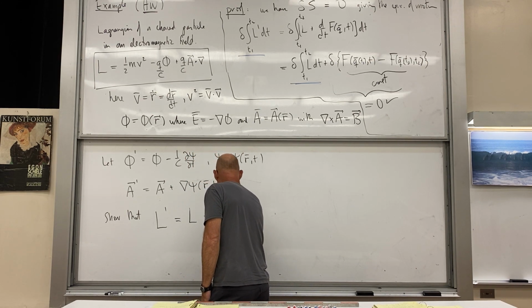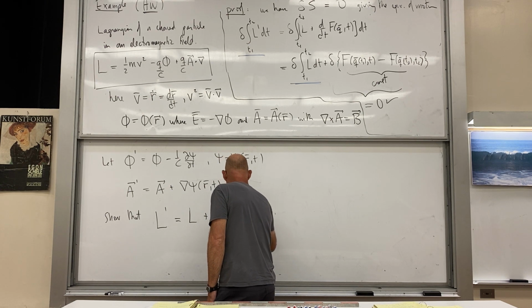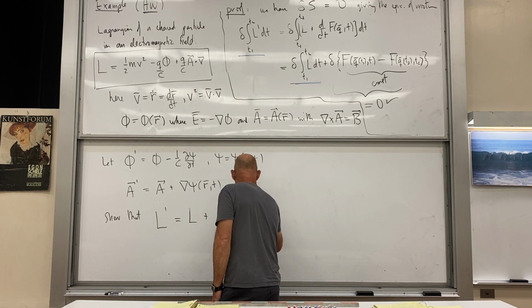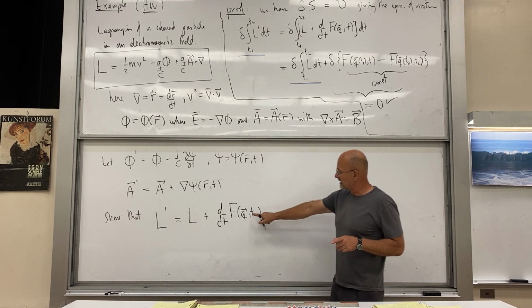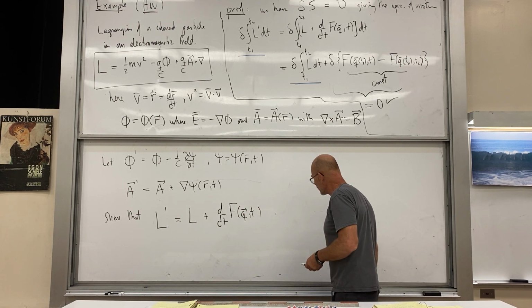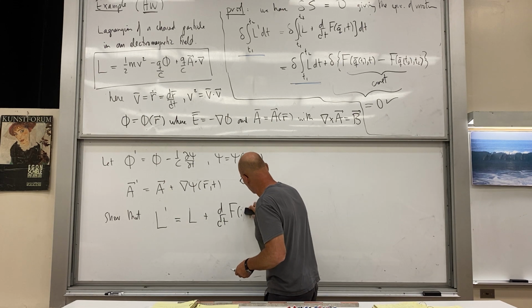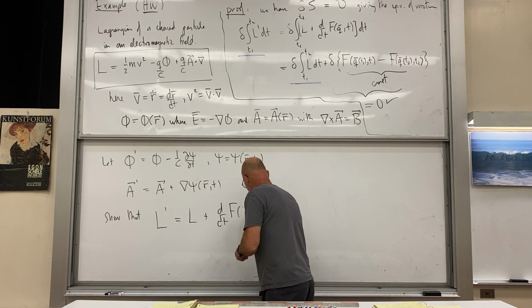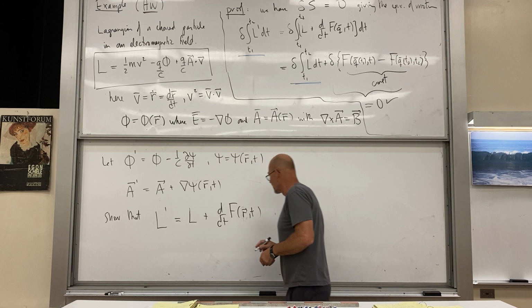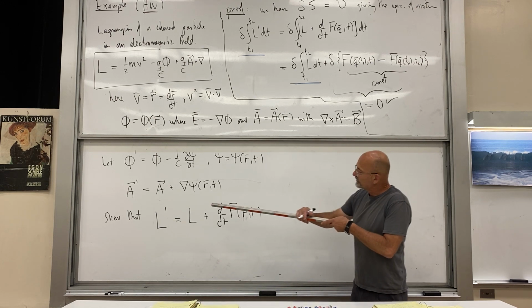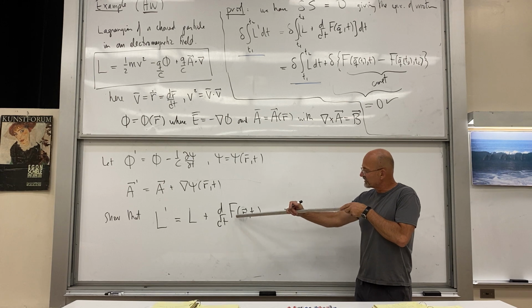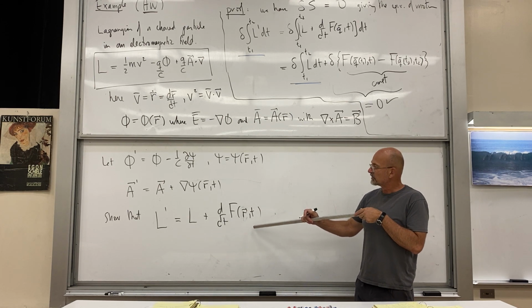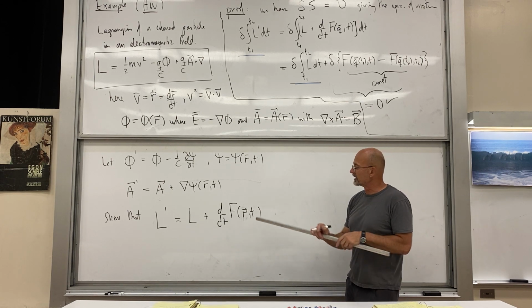Show that that is the complete time derivative of, oh, maybe I should put r here instead of t. Same idea. Okay. Show that the transformed Lagrangian is the original one plus the complete time derivative of some function, okay, which is actually up on the board already.